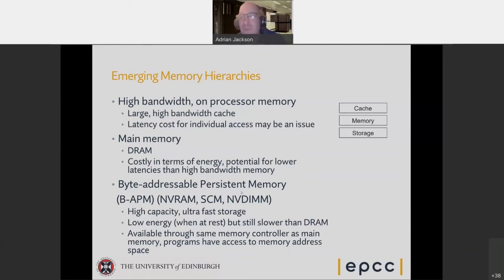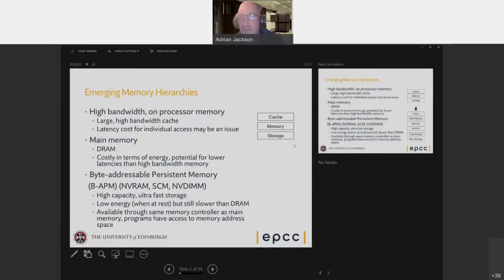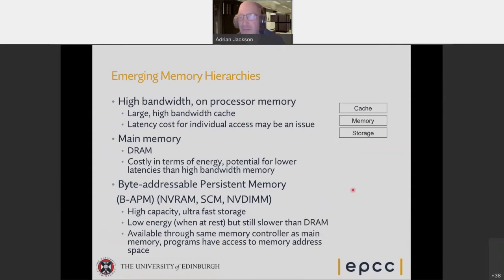But that means we're moving from a scenario where, in the past, we had very simple memory hierarchies for applications. On your processor, you had a cache or a number of levels of cache, then main memory, and then storage, which is things like parallel file systems and tape stores.